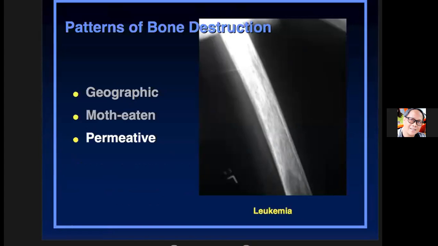But one criterion you can look at is the endosteum, no? The inner lining of the inner cortex. If there is involvement of the endosteum aside from the medullary region and the cortex, then you probably are dealing with a permeative pattern of bone destruction.